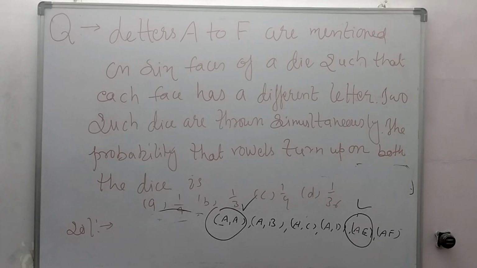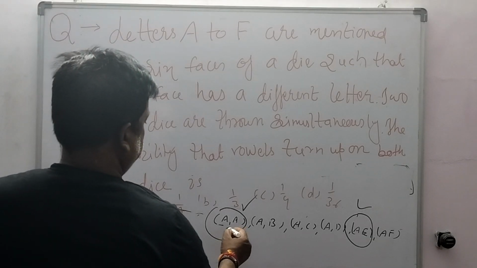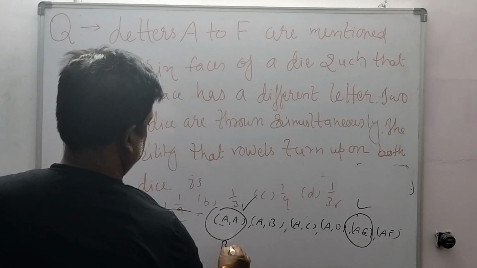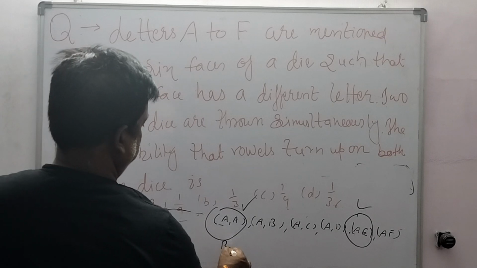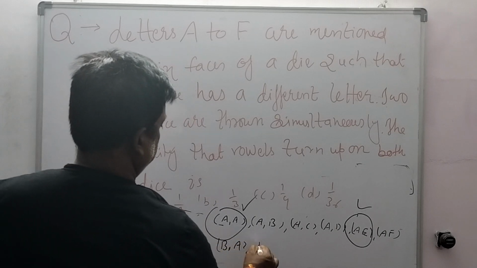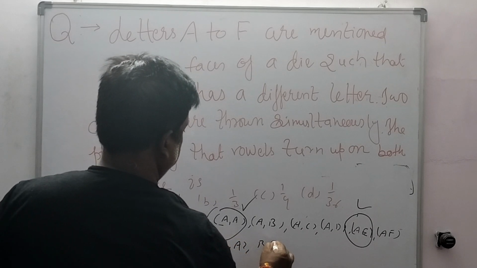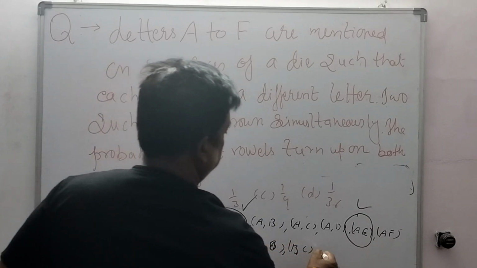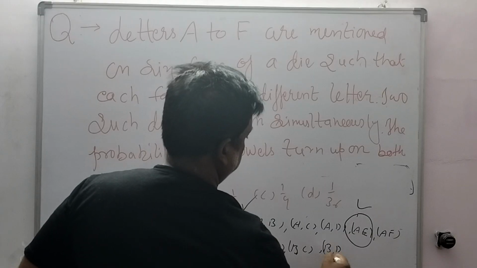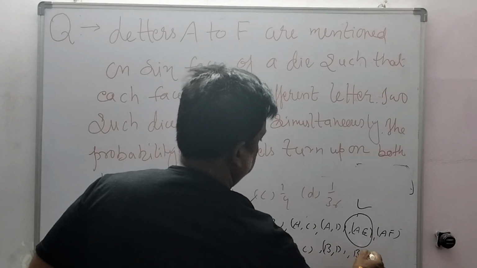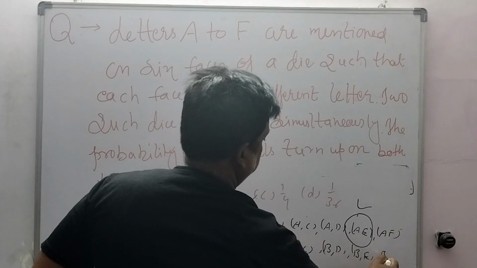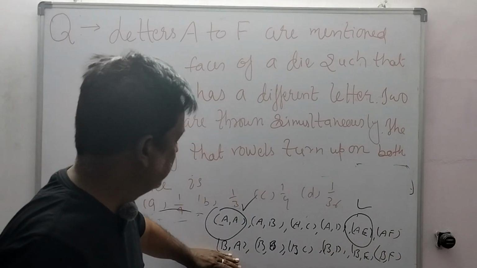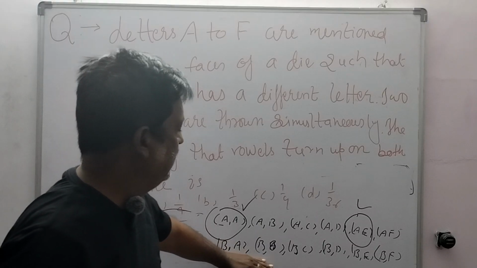Then again, the second condition is B. Coming B, we get BA, BB, BC, BD, BE, or BF. All combinations are possible. Suppose the first dice is B, then anyone can come.